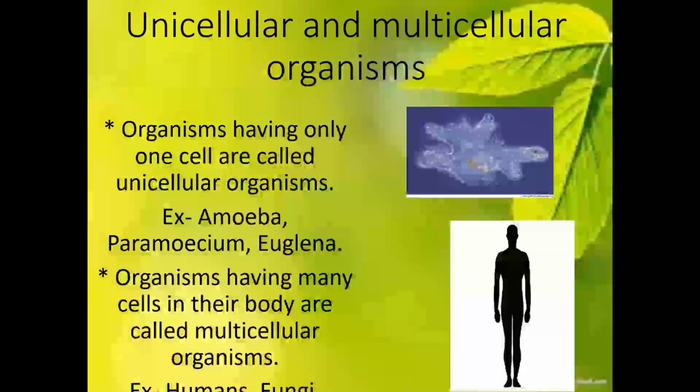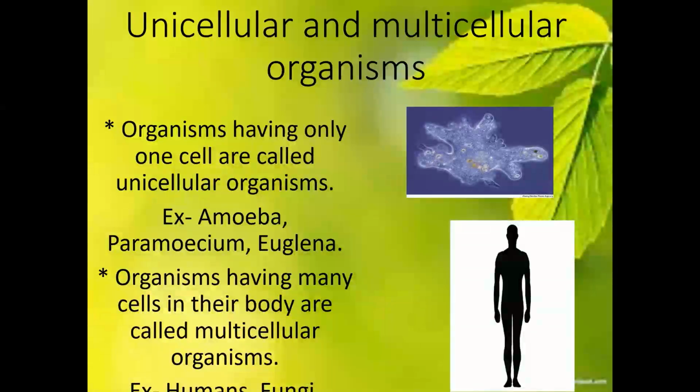Now, the question arises, all living organisms are made up of cells. But do you think all living organisms have the same number of cells? No, not at all. There are some living organisms which are made up of a single cell.